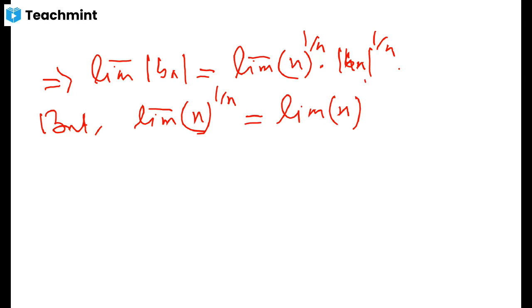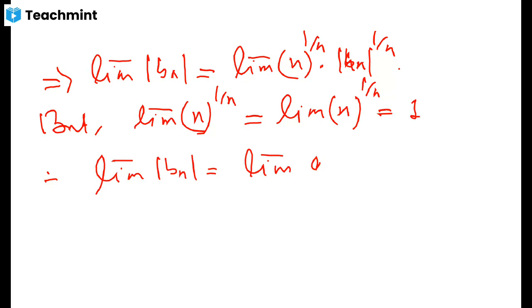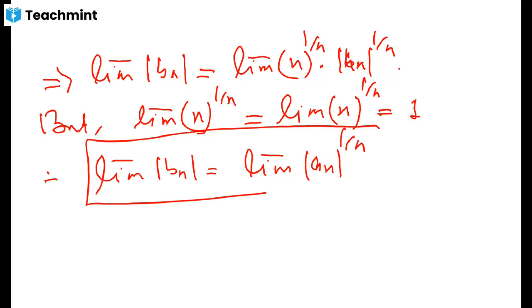And if you remember, the limit of this sequence is 1. So since the value of the limit is 1, therefore the limit superior of the nth root of b_n has to be equal to the limit superior of mod a_n to the power 1 by n. And this is what we had to prove.